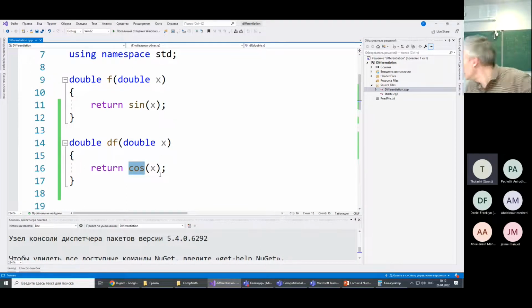Now, let's compute the approximation to the first derivative on the interval from a to b, where a and b are given values, and estimate the largest error.